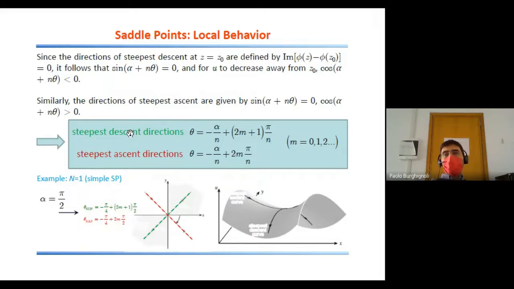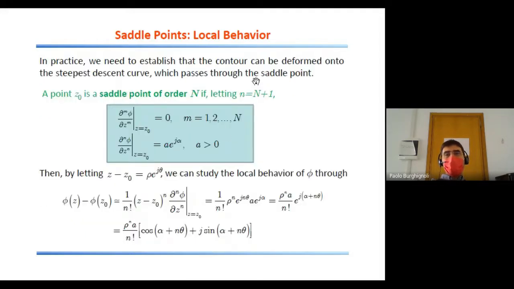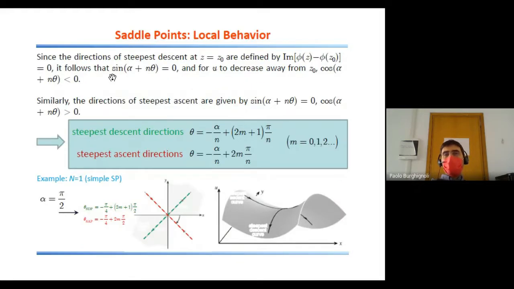since the directions of steepest descent through the saddle point are defined by the condition that the imaginary part of the difference phi of z minus phi of z0 is equal to 0, then it follows, by observing the imaginary part, which is represented by a sine function, that we must enforce the condition that this sine function must be equal to 0, because we wish u to decrease away from the saddle point.